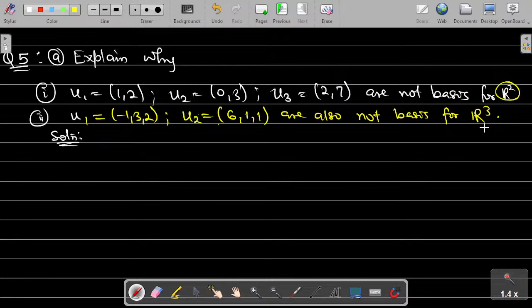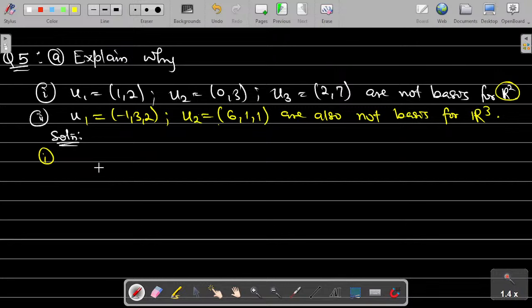Okay, and you remember that the dimension is the number of vectors in the basis of a particular vector space. So that is to say that these three vectors cannot be in the basis of the vector space R2, because R2 has a dimension of 2, and so the basis should only contain 2 vectors and not 3.